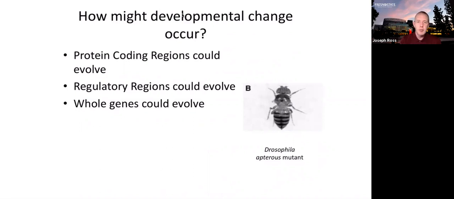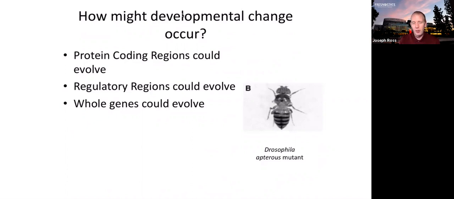So it changes the shape of the protein so that that protein no longer has the ability to create wings. Or you could mutate the part of the gene that isn't the part that encodes and produces the protein, but the part that transcription factors bind to that turns on the production of that gene, transcript and translation, the RNA and the protein in the first place.